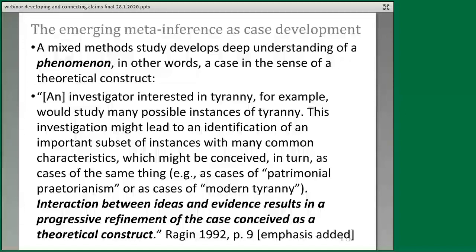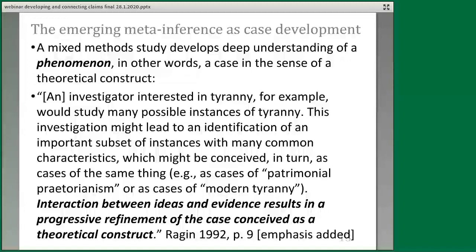So I say that a mixed method study, and most people would say that, develops a deep understanding of a phenomenon. And we could also say it develops a case in the sense of a theoretical construct. As it has been said by Ragin in 1992, for example, an investigator interested in tyranny as a case, he or she would study many possible instances of tyranny, and that might lead to an identification of an important subset of instances with many common characteristics.